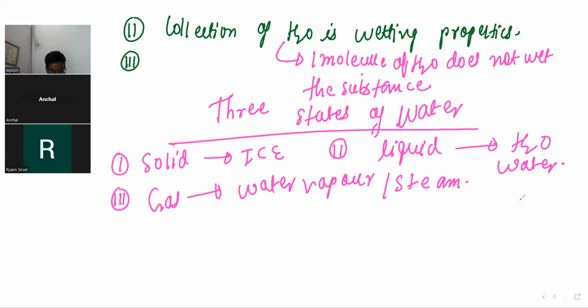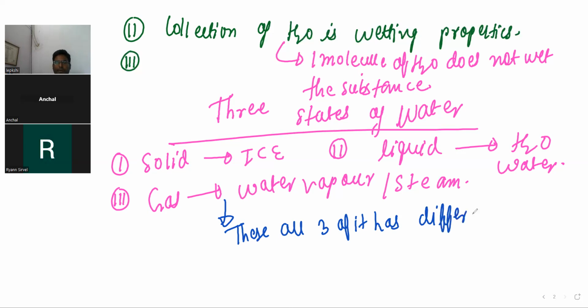So the physical properties of ice, water and steam are different. So you can see here, all three have three different physical states, all three have different physical properties.